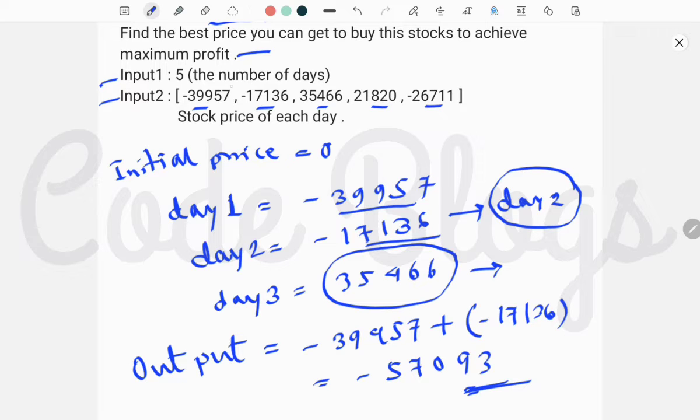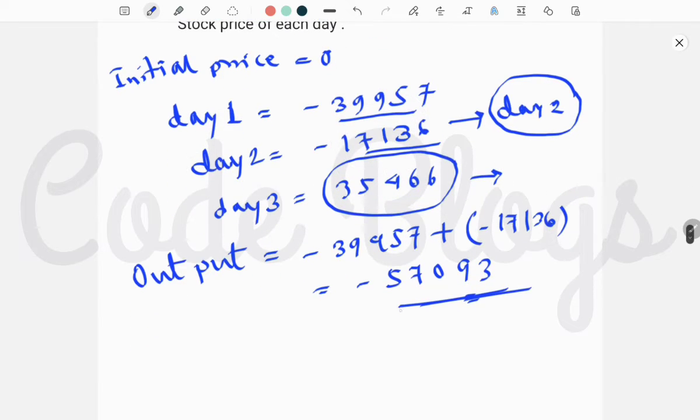So our output will be this. On day 1 the value becomes this, and on day 2 it becomes this. This array represents the value of the stock on each day. On day 2 the value becomes this one, and on day 3 the value becomes plus 35,466.